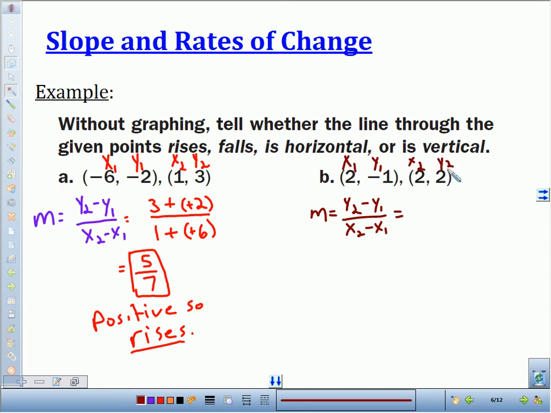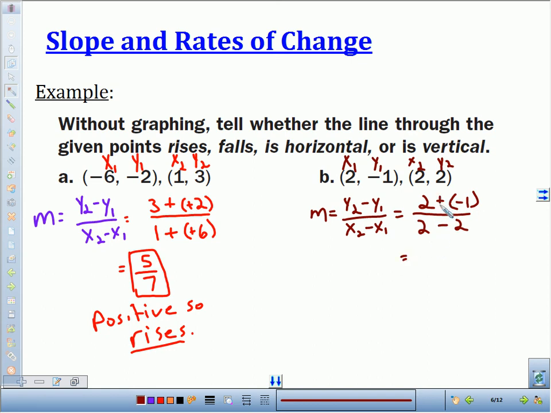So my formula says that y2 is 2 minus y1 is negative 1, so 2 minus negative 1. On the bottom, I've got x2 minus x1. x2 is 2, and x1 is also 2. So I have 2 minus 2.